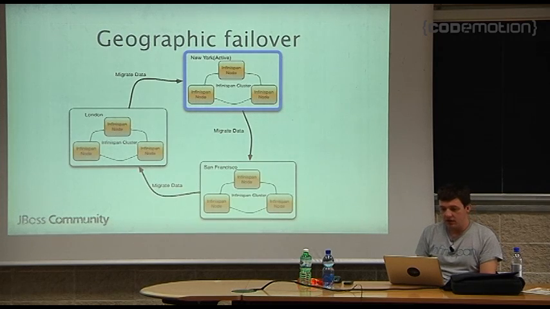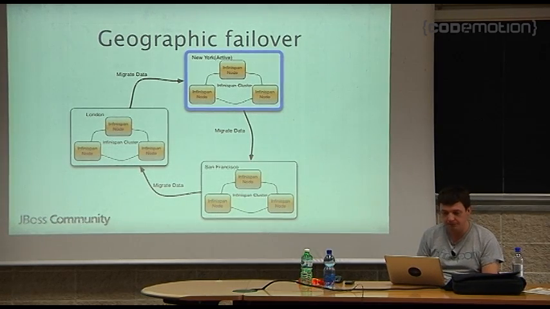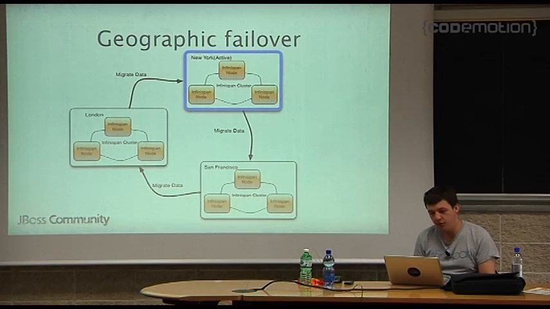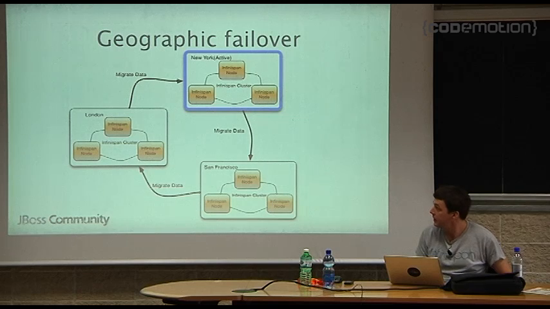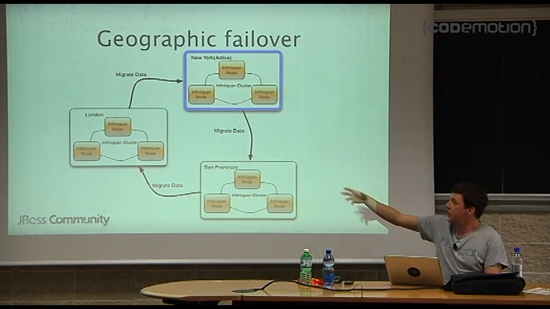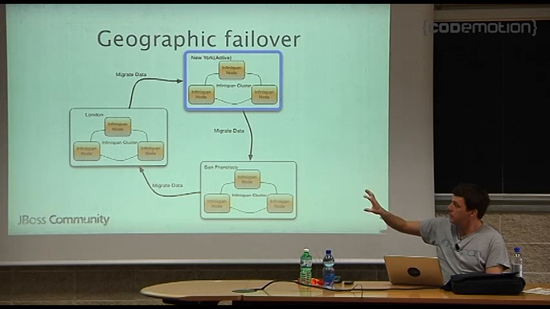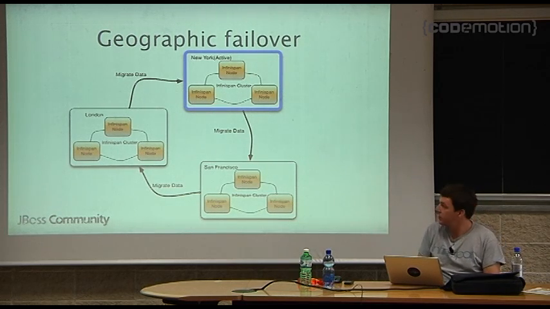I think the last slide is on geographical failover. So Infinispan can be used for failing over between sites in case of a catastrophic failure. For example, you might have the same data, or different data, but backed up on different sites.